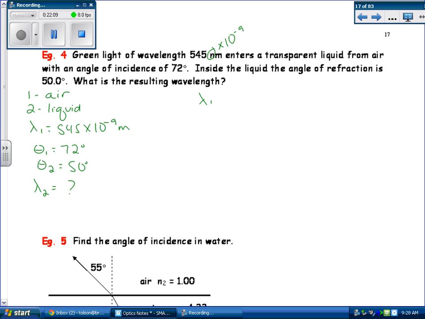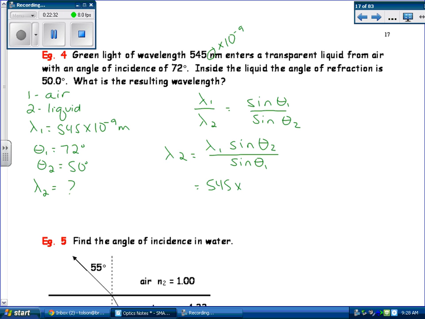So lambda 1 over lambda 2 equals sine theta 1 over sine theta 2. So lambda 2 is lambda 1 times sine theta 2 over sine theta 1. So 545 times 10 to the negative 9 meters times sine of 50 degrees divided by sine of 72 degrees.